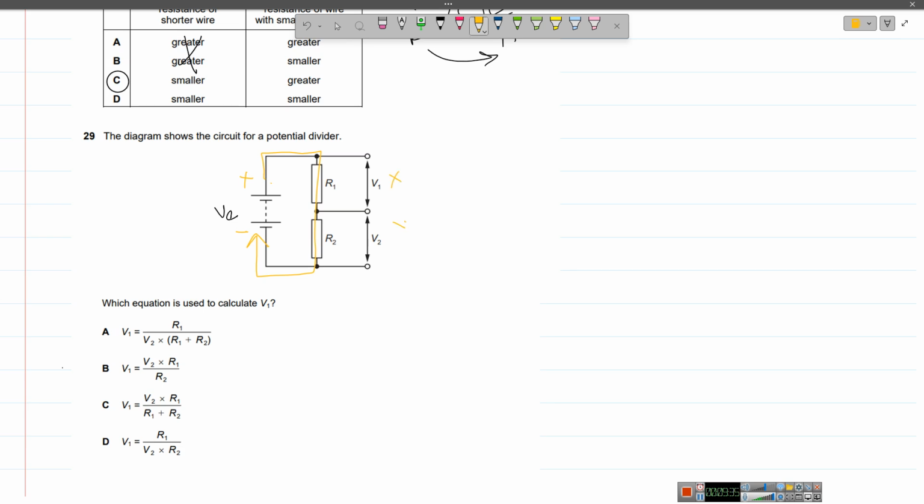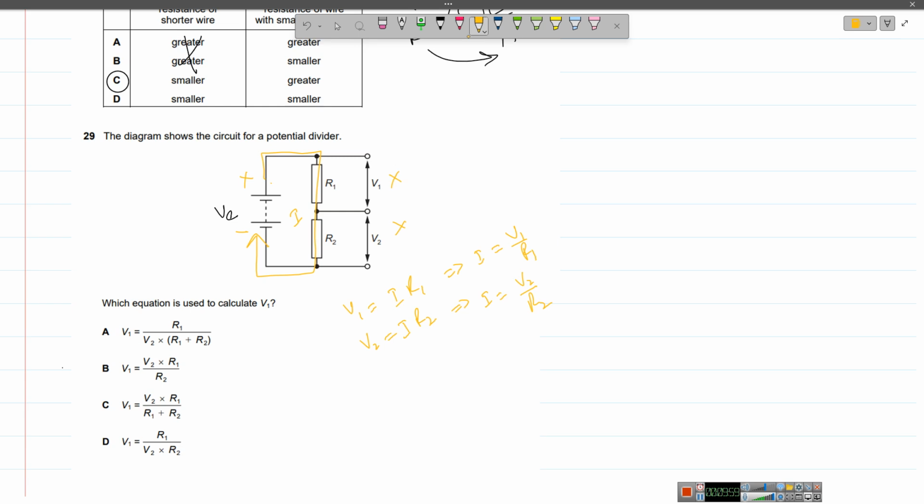Forget about the voltage for now, right? Just look at the current. Since there is one current, both of them can be represented by this. So V1 is equal to IR1 and V2 is equal to IR2, right? Because the current is the same, we can relate the current. So you can convert these both equations into I is equal to V1 over R1 and I is equal to V2 over R2.